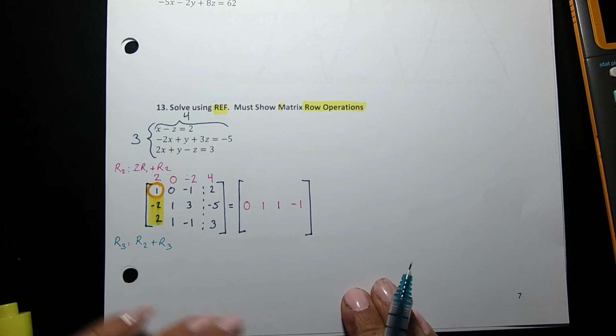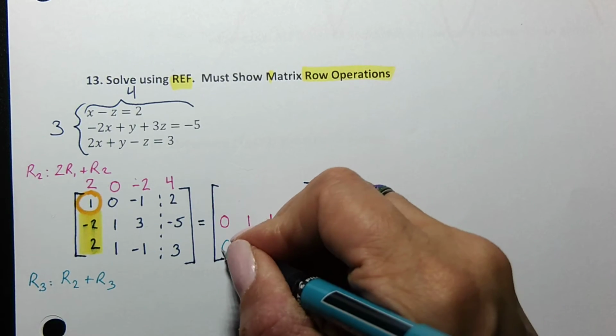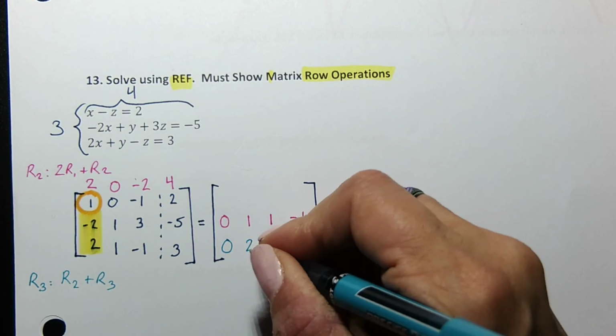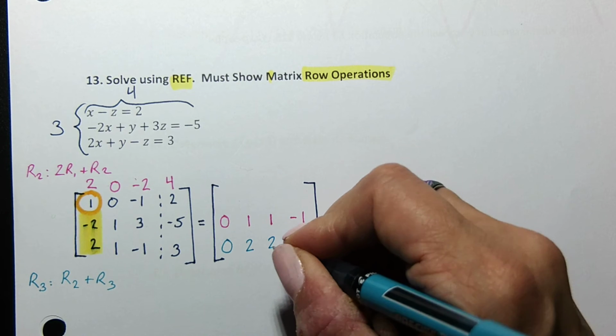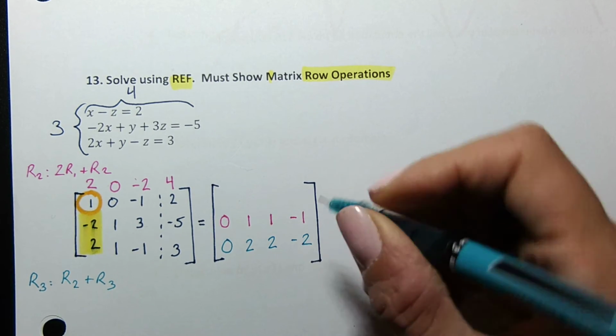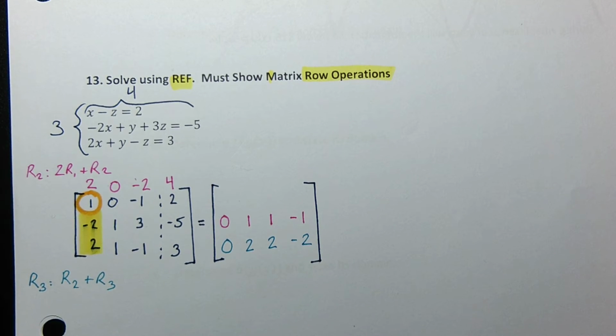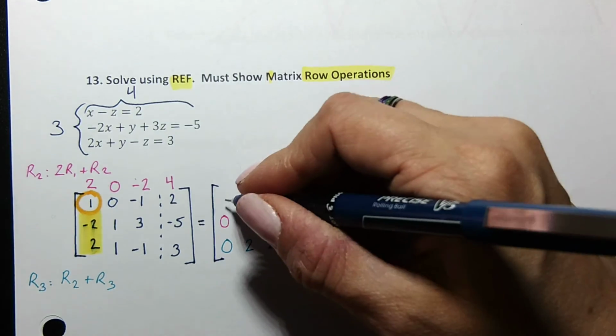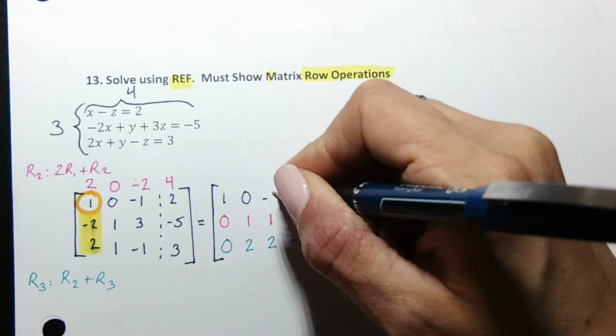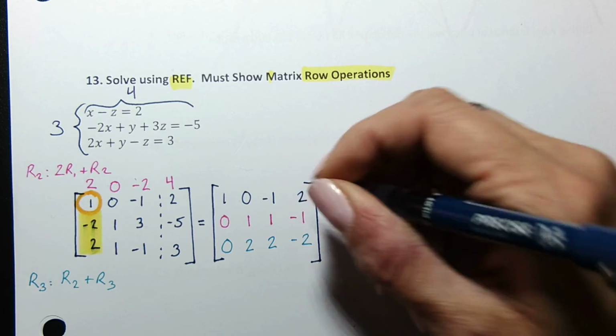So I'm going to add those terms together. So -2 and 2 is 0. 1 and 1 is 2. 3 and -1 is 2. And then -2 for the last one. And what about row 1? It just stays the same. It's all good with that 1 in the top left position.